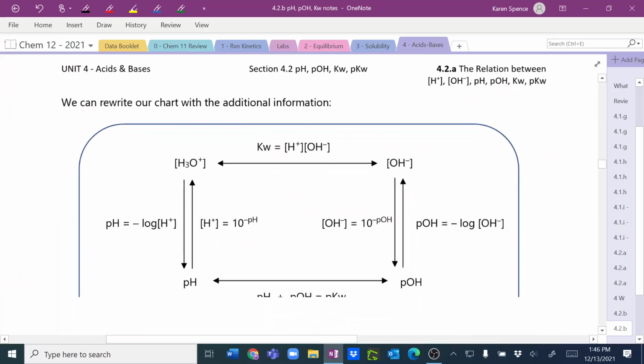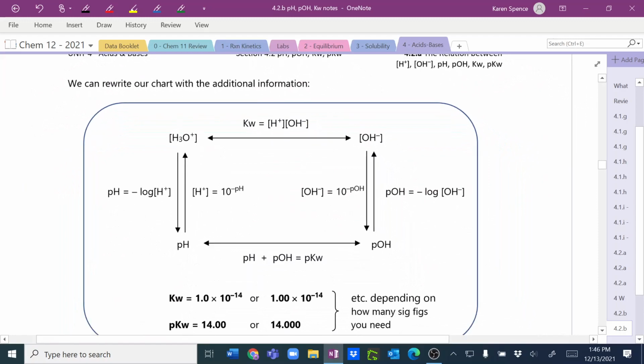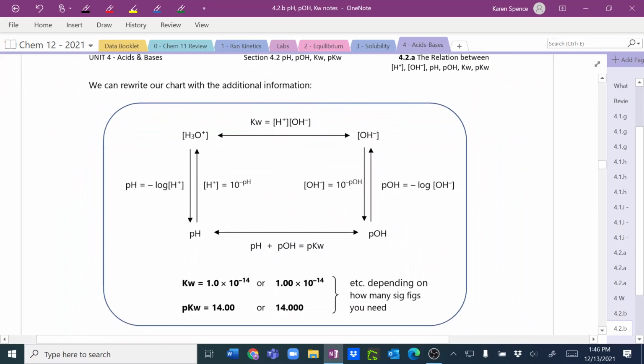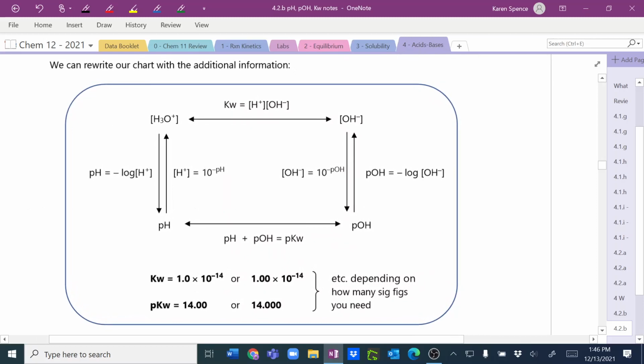So I've just rewritten our chart here so that you have everything all in one place. It is worthwhile memorizing this chart. Go home and write it out every day between now and Friday, okay? Because you have your quiz on Friday.